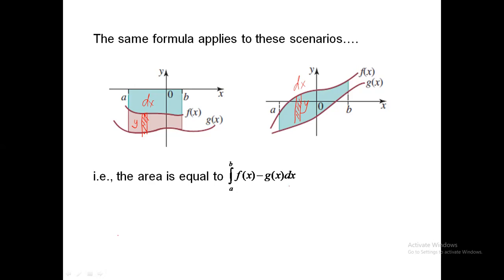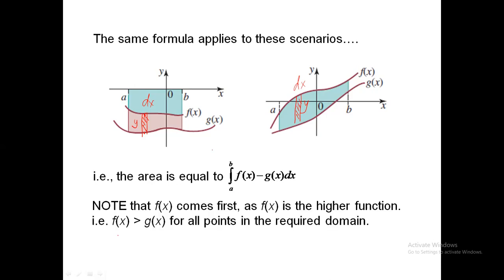So f of x minus g of x bounded by x equal to a to x equal to b. So that would be your limits of integration. Okay, note that f of x comes first since f of x is the higher function. So that's what I've said, the highest point minus the lowest point. That is, f of x is greater than g of x for all points in the required domain.